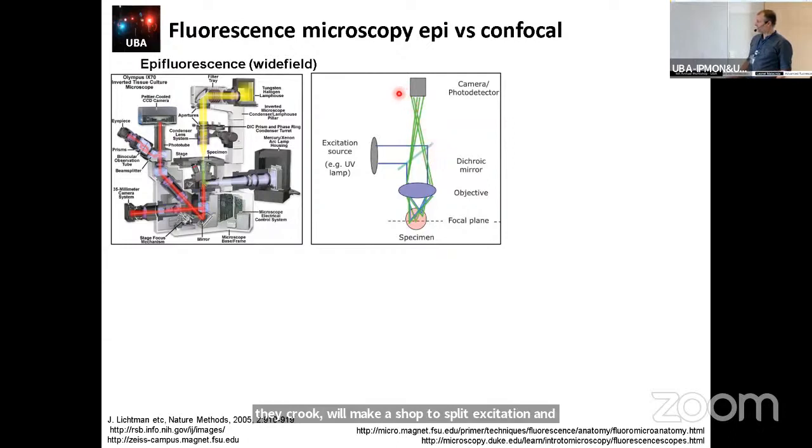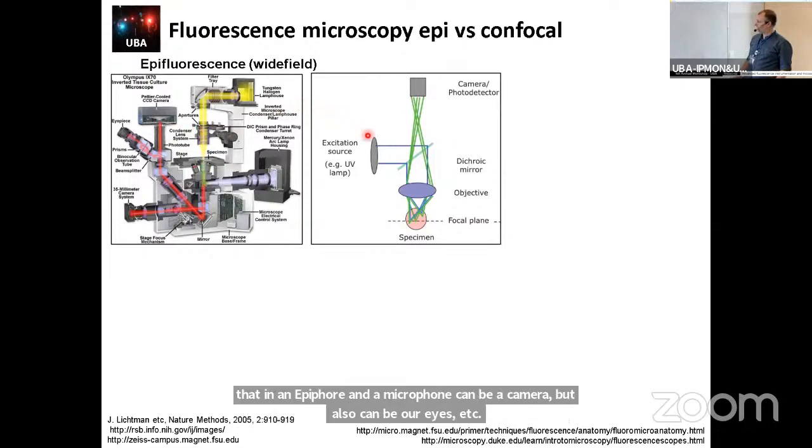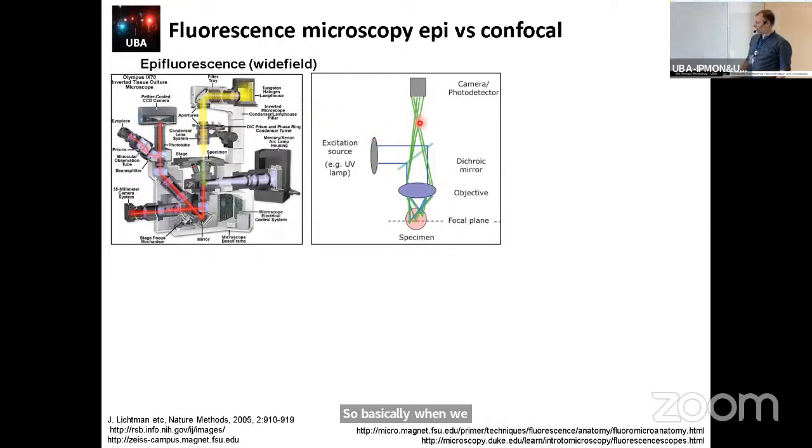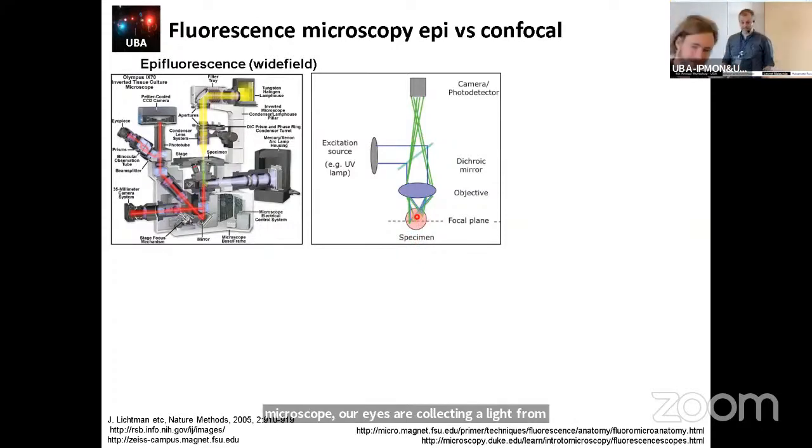Then we have our detector, which in an epifluorescent microscope can be a camera, but can also be our eyes. So when we do epifluorescent or wide field microscopy, we are collecting light from different focal planes, and we cannot handle that.